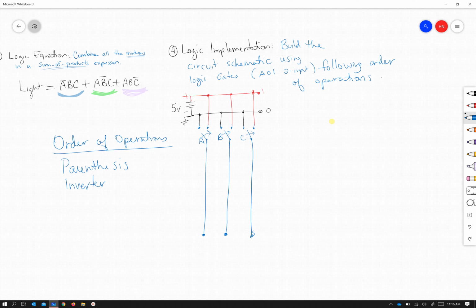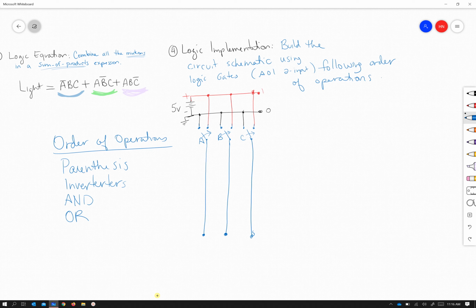Then after the inverters would be multiplication, which for us is AND logic. After AND logic is division, but we don't have division, so we just go to the next one, which is OR logic, and we don't have subtraction. So this is the order of operations that we must keep in mind when building our circuit.